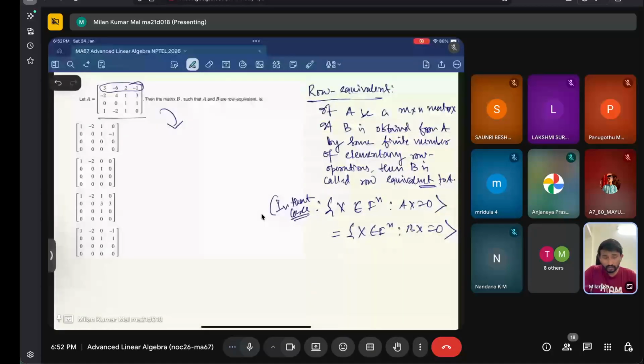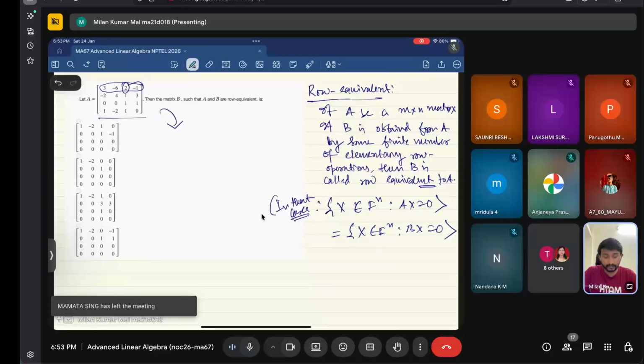The first row is 3, minus 6, 2, minus 1. The leading nonzero term is 3, that is not 1, but that's not actually a problem. You can multiply that first row by 1 by 3, but then this 2 will become 2 by 3, and minus 1 will become minus 1 by 3.